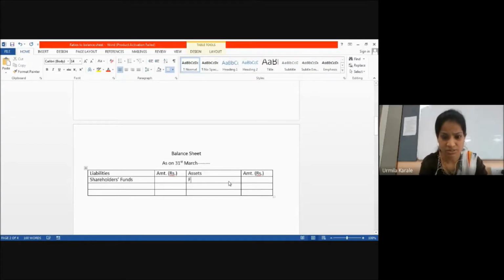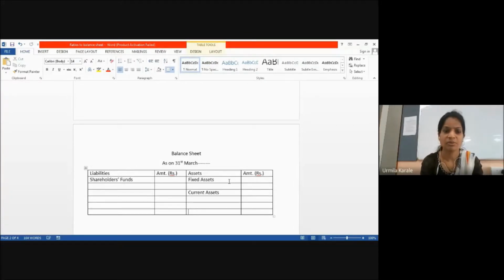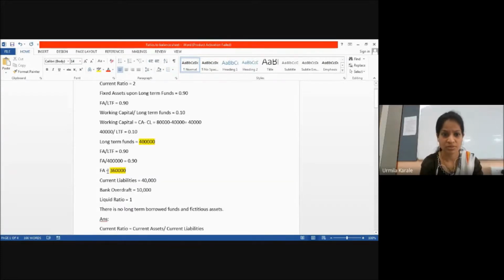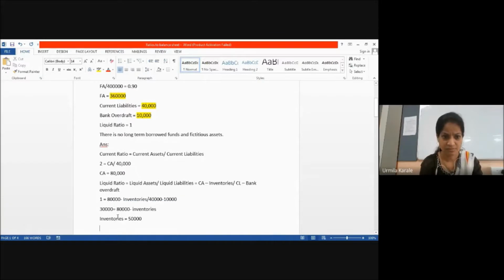So there's no borrowed fund, so we'll call the long term funds shareholders funds. Then to this side you have fixed assets, then current assets. Now tell me what all things you have, just check. Current liability also we have. I'm writing it here: 4 lakh long term funds, fixed assets 3,60,000, then current liabilities 40,000, overdraft 10,000, then current assets, inventory.